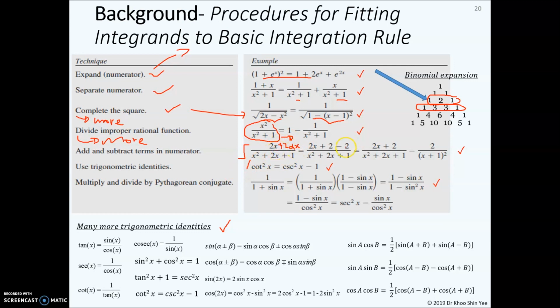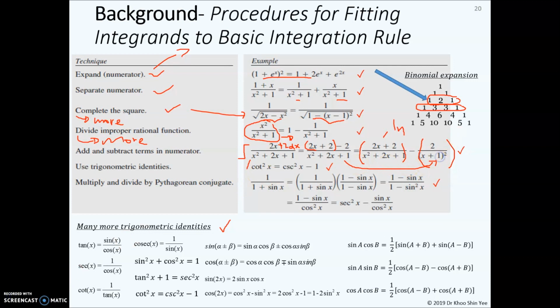So to solve this, instead of adding the plus 2 term here, we have to minus 2 back. Okay, so we can separate it out. So this term you can get the ln, and another term you remain it to be 2. So x squared plus 2x plus 1 is equal to (x plus 1) squared as well.